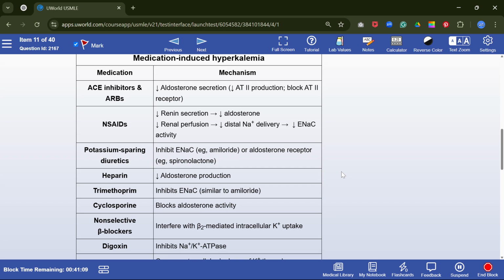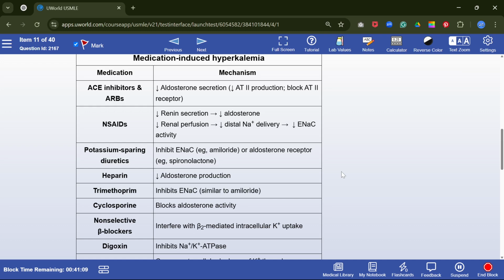NSAIDs decrease renin secretion, decrease aldosterone, decrease renal perfusion, decrease distal sodium delivery, and decrease ENaC activity. Potassium-sparing diuretics inhibit ENaC, amiloride, and the aldosterone receptor, spironolactone.